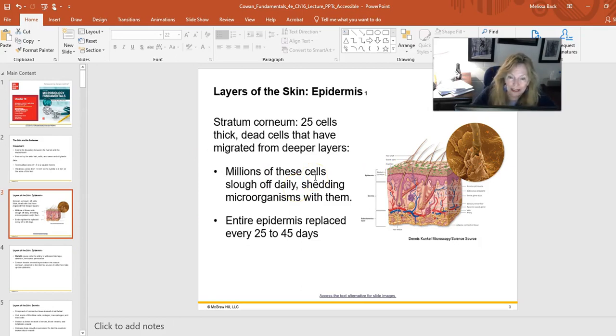In the epidermis, we have epithelial tissue that is predominantly keratinocytes, which produce keratin that waterproofs us, seals the water within our system, and also has antimicrobial properties.